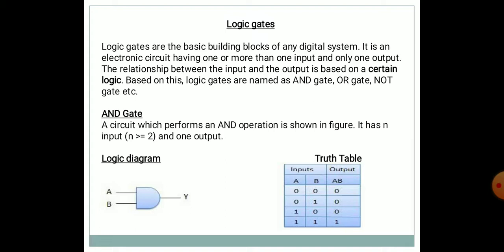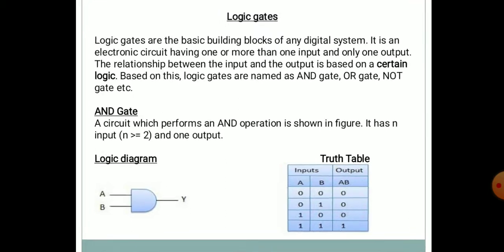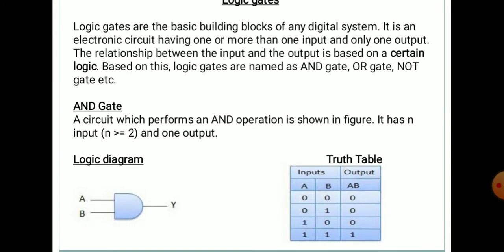And here is the logic diagram for the AND gate. As shown in the figure, the AND gate has n inputs, where n could be greater than or equal to 2. That means we can have two or more inputs, but the output could be only 1.